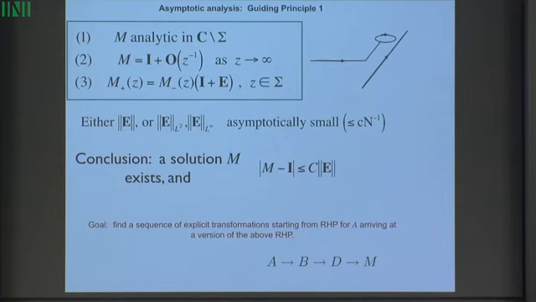Your problem is to find A solving some Riemann-Hilbert problem, and then you make a sequence of explicit transformations from A to B to D, and eventually, by explicit transformations, you arrive at a problem where the unknown is now M, and you check that M satisfies something along the lines of the green box. You know that M exists. You work backwards, you get asymptotic information about the original problem. That's in a nutshell how things are supposed to work.